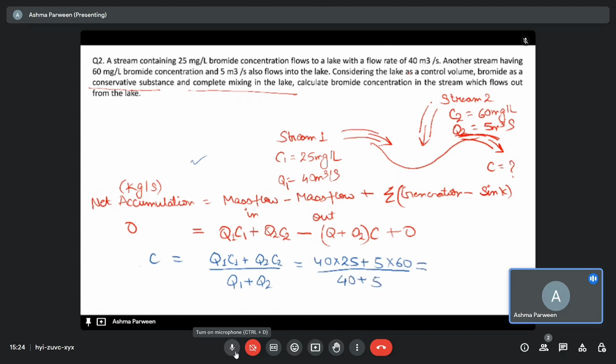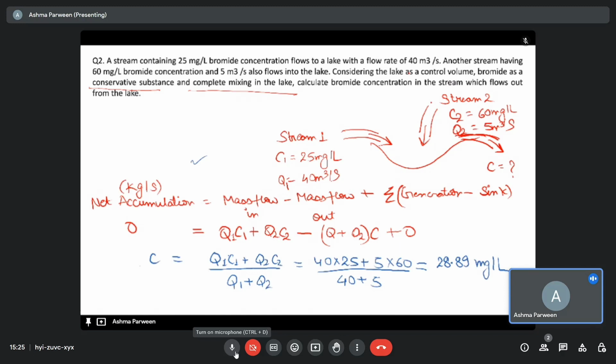After solving this, we will get C as 28.89 milligrams per liter.